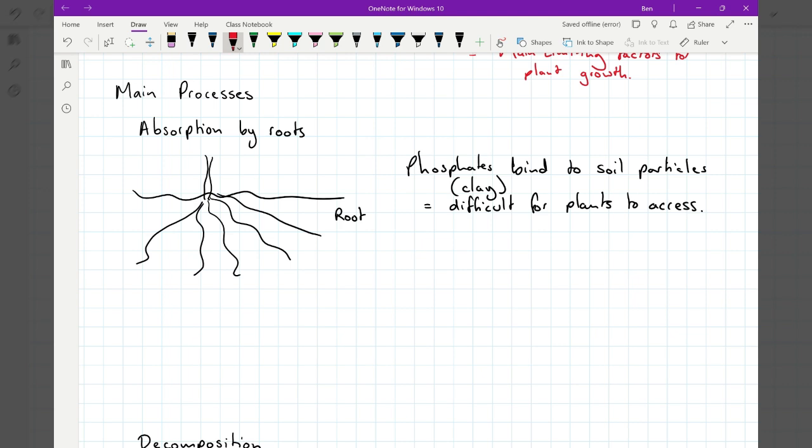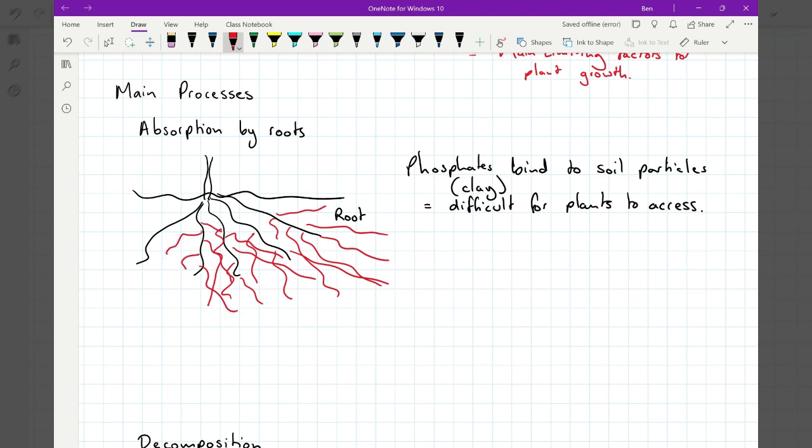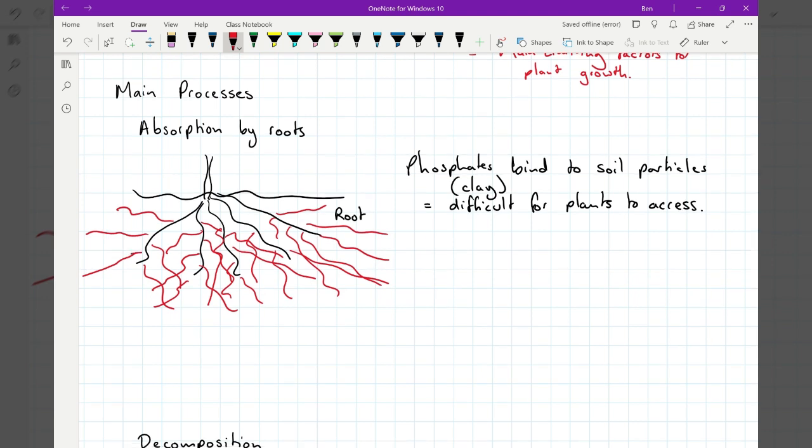So what they take advantage of is a symbiotic relationship with mycorrhizal fungi in the soil. So the fungi connects at a cellular level with the roots and provides an enormously larger surface area for the uptake of things like water, but also absorbing phosphates.